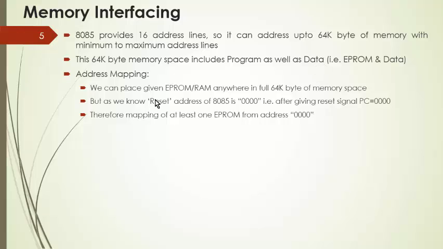Mapping of the given memory is important in this case. From the address mapping point of view, we can place a given RAM or EEPROM of any size anywhere in the full 64 kilobytes of memory space.